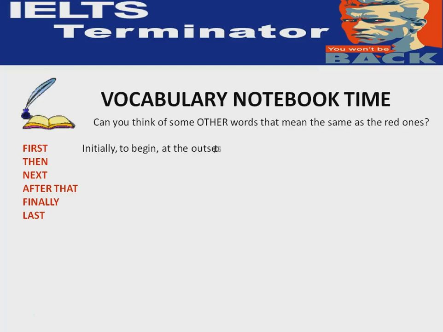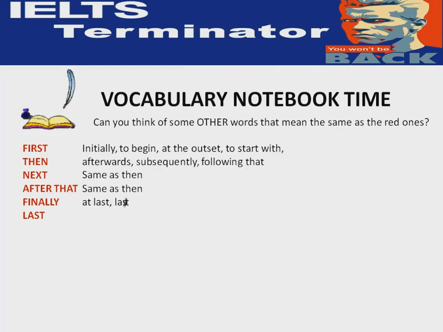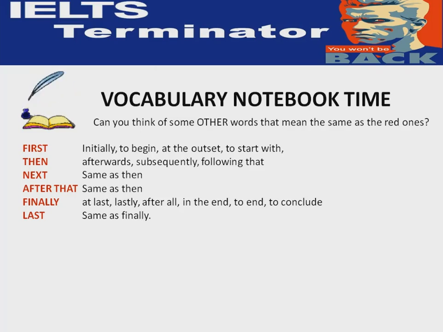For first, we could say initially, to begin, at the outset, to start with. For then, we could say afterwards, subsequently, following that. For next and after that, we can use the same words that we use for then.